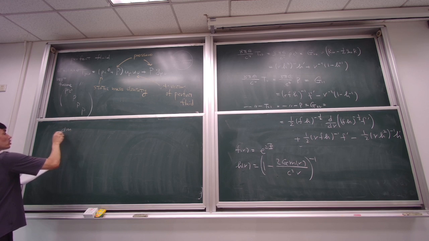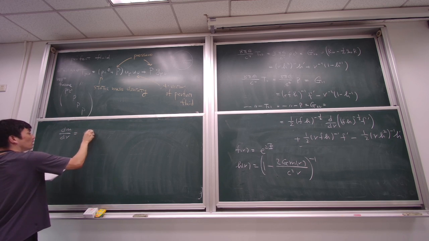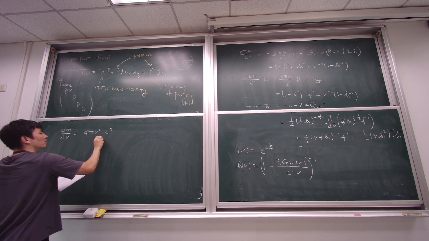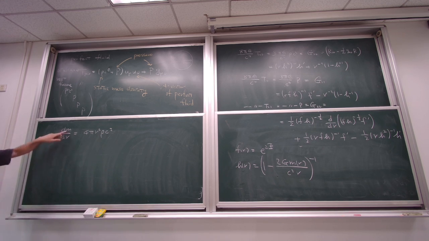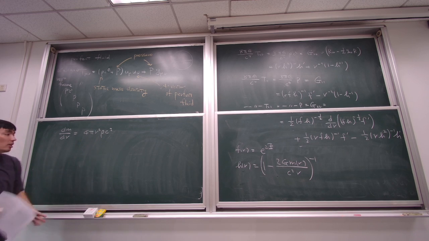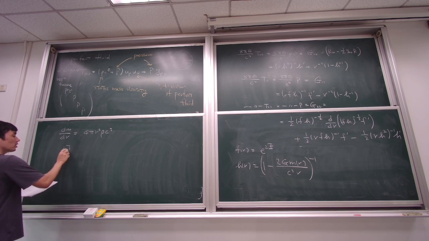The first equation is very natural. It's 4 pi r squared rho c squared. The dependence on radius of the mass is given by the static mass energy density. It's very natural. And then the immediate consequence of this equation, this one is also very similar, easy.